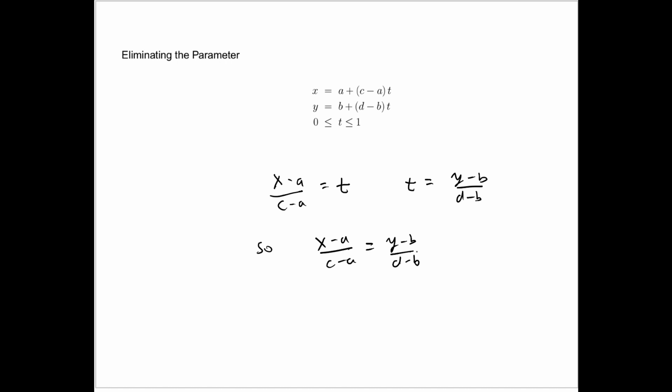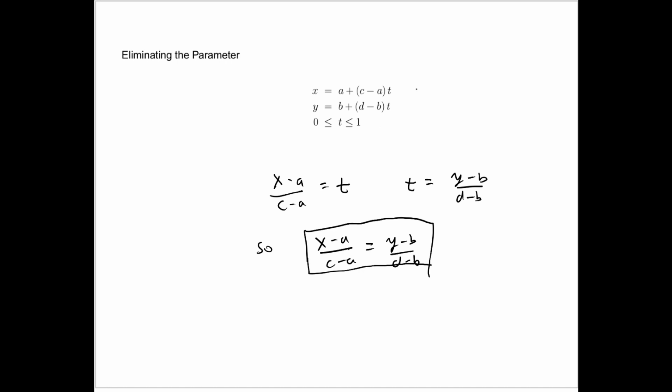And this might look a bit messy, but you can recognize this as the equation for a line. The line certainly will go through the point (a, b), and if you check carefully, you'll see that if you put in the point (c, d) as well, the two equations are again satisfied.